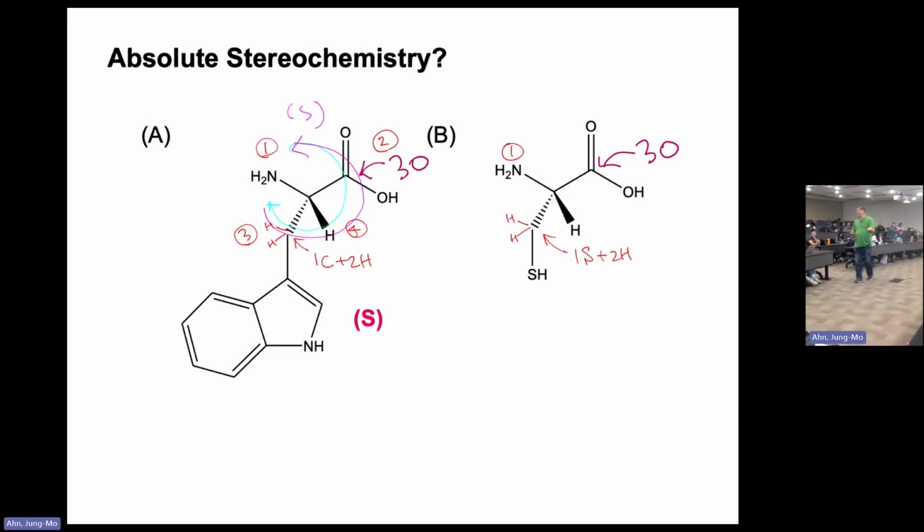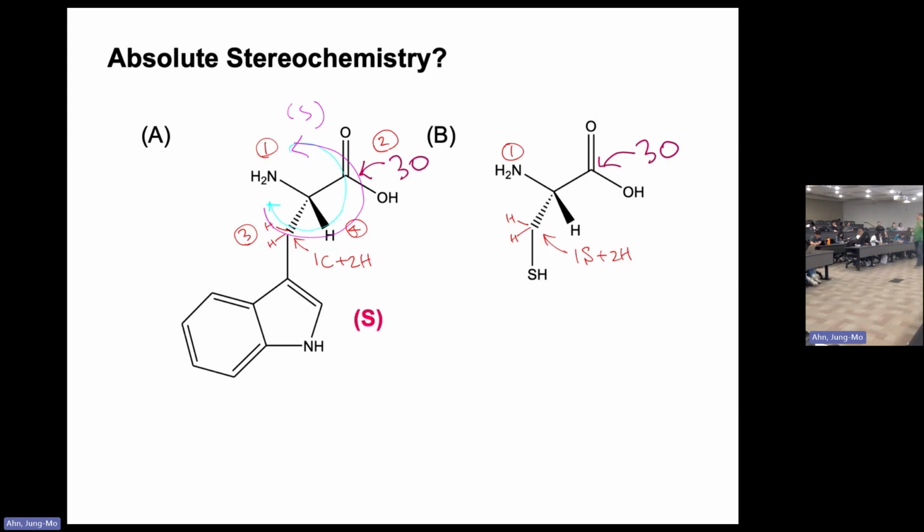If you weigh it out, three oxygens should be heavier than one sulfur and two hydrogens. But it does not go by the weight. It's the presence of the heavier atom that makes that one second priority. Even if it's just one sulfur, the sulfur has a higher atomic mass, so it gets a higher priority, even though it's only one.